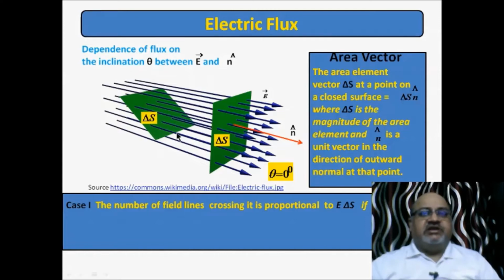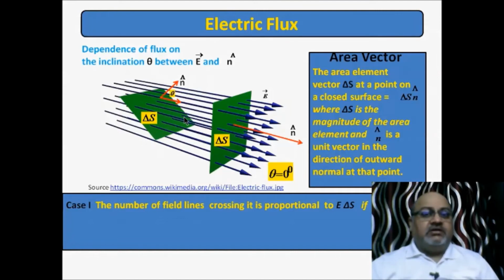This is the second case. Again the area of this area element is delta S. And see, this is the normal perpendicular now, and this is the direction of the electric field. There is an angle theta between the n cap area vector and the direction of the electric field or field lines.